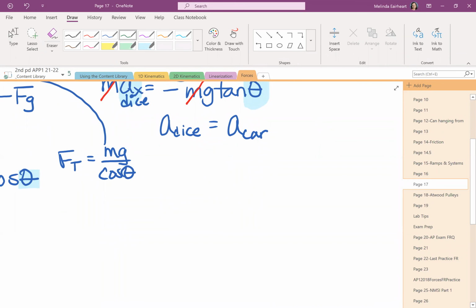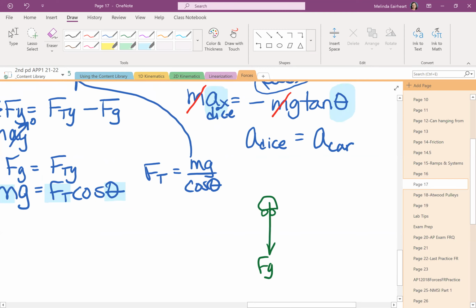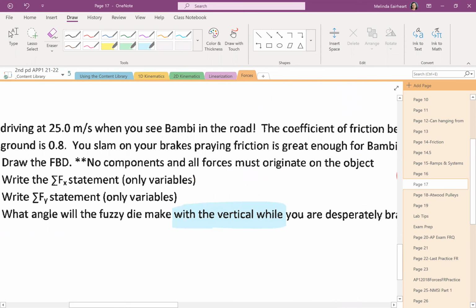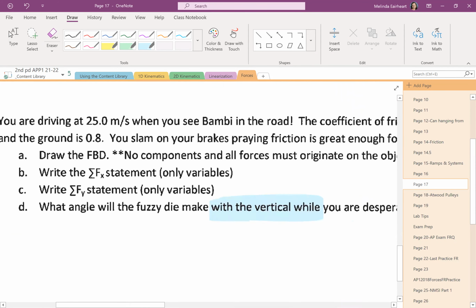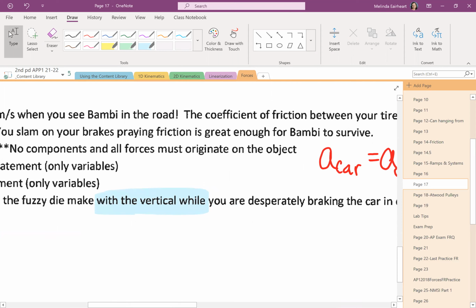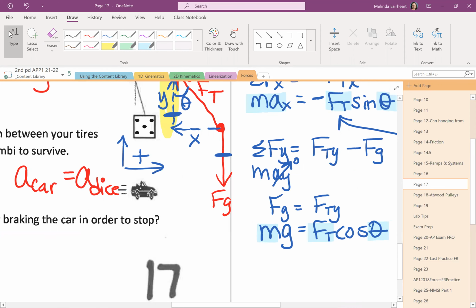So pause on the dice. What about the car? It's got its own gravity. Oh, we don't know that, do we? Did they give us the mass of the car? No, all they gave us was the initial velocity, coefficient, and then they said we're going to stop, or that's the goal. So just hold on to it.